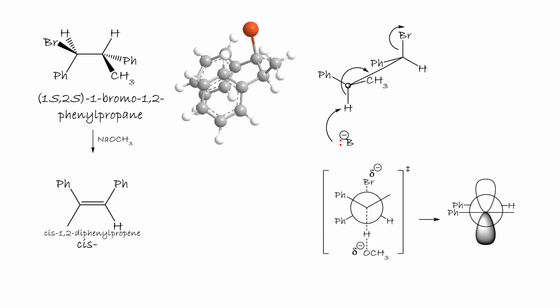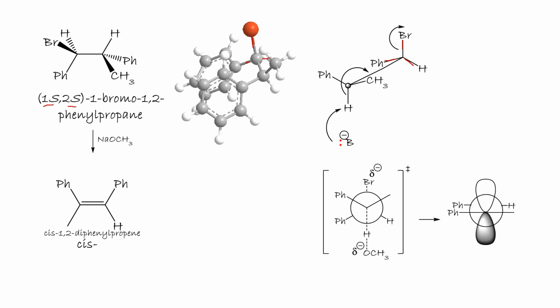The other isomer, where we start with 1S,2S-1-bromo-1,2-diphenylpropane. Drawing the 3D again, phenyl, Br up, Br, H in here, okay.